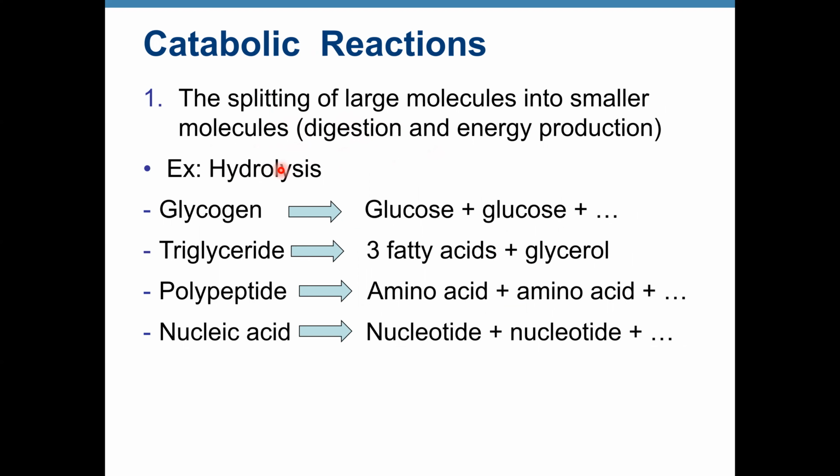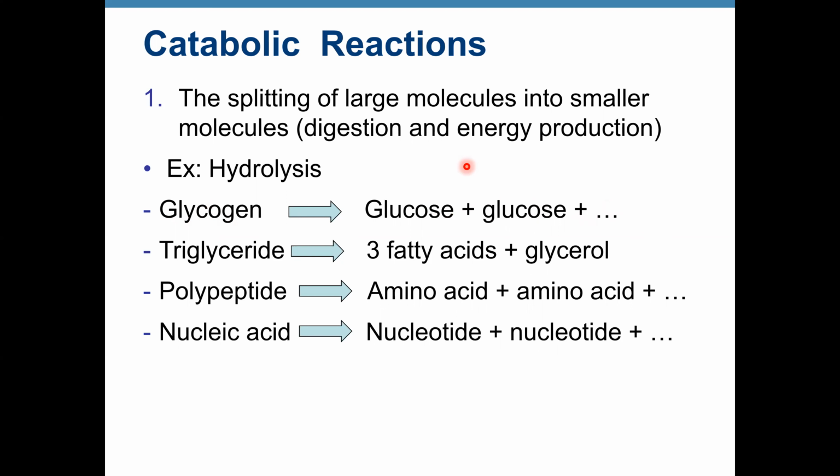So digestion, here the example is hydrolysis. When you need extra energy, you can use this glycogen that was stored in your liver or in your muscles, and using enzymes, you can break this molecule into glucose and glucose.